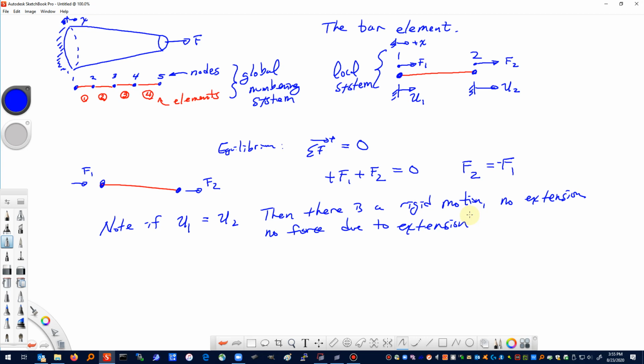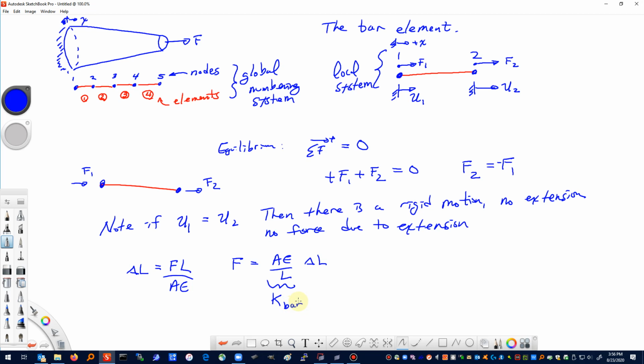Now, in the previous lecture, we talked about how we could compute the change in length of a bar being equal to FL over AE, and we wrote it this way: F is equal to AE over L times the delta L, and we call this the stiffness K. And for our bar or rod element, we can call this the stiffness of the bar, the AE over L. And those are numbers that we can compute when we're ready to.